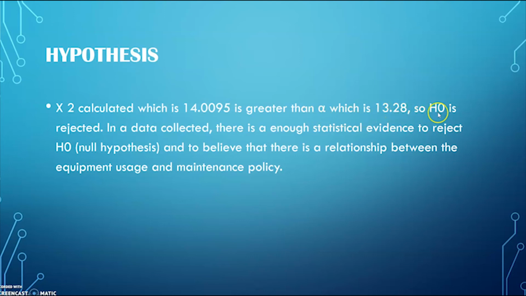So H null is rejected. In the data collected, there is enough statistical evidence to reject H0, which is the null hypothesis, and to believe that there is a relationship between the equipment usage and maintenance policy.